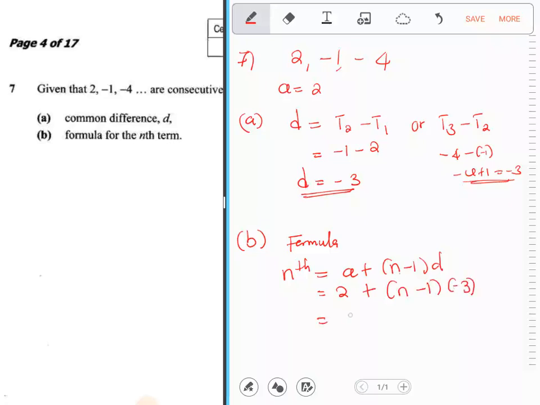So we're going to have 2, negative 3 times n, we get negative 3n, and negative 3 times negative 1, we get positive 3. This 2 and that 3 gives us 5 minus 3n. That's our formula for the nth term.